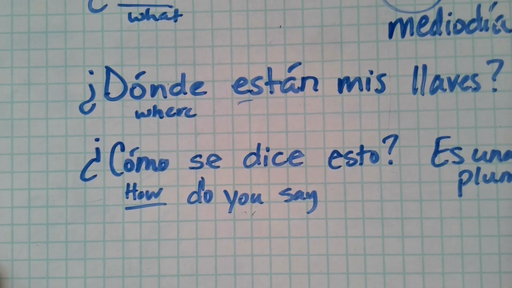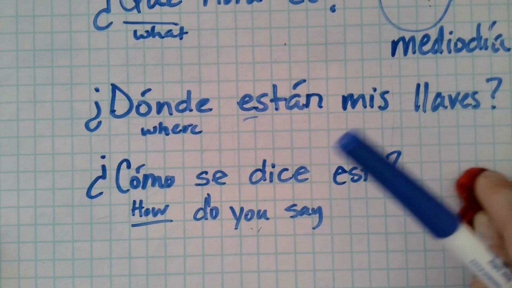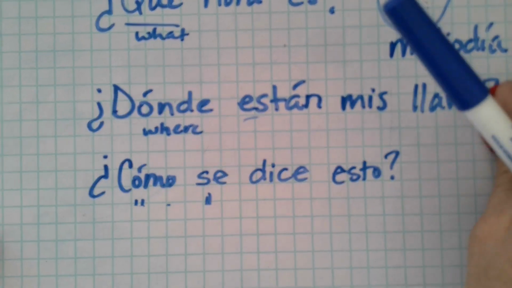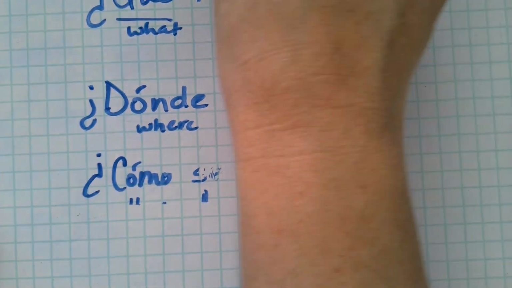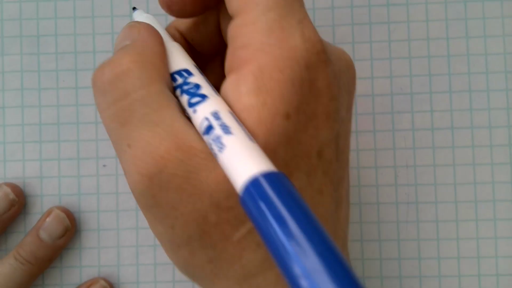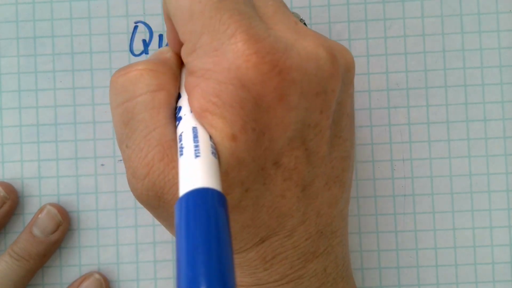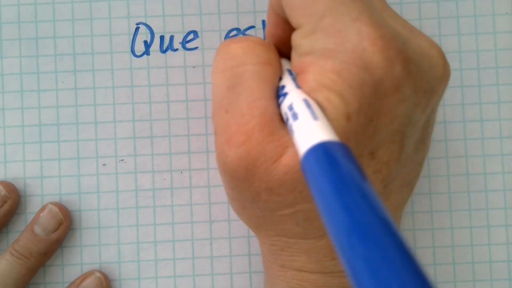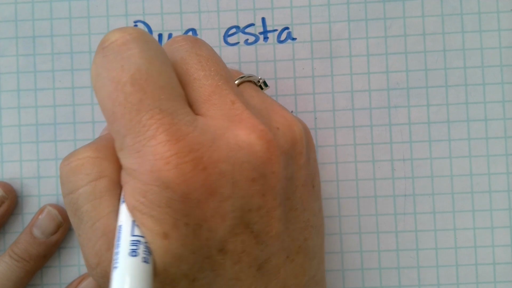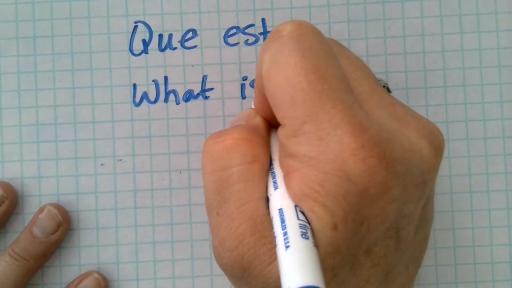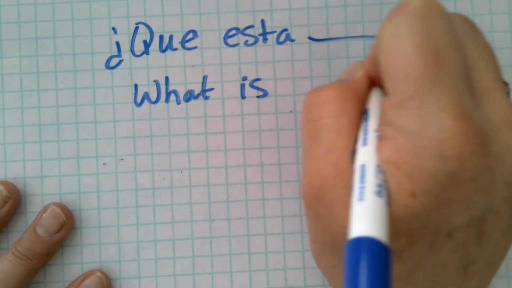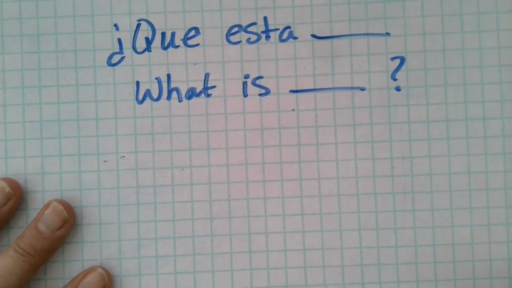And this may be review for some of you, but I want to give you a little quick heads up because as you watch the video, you are going to hear these words, qué, dónde, and cómo. You're going to hear a lot of ¿qué es?, meaning what is. Okay?